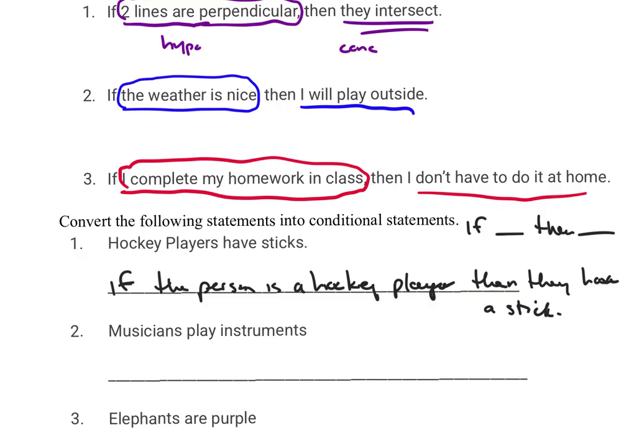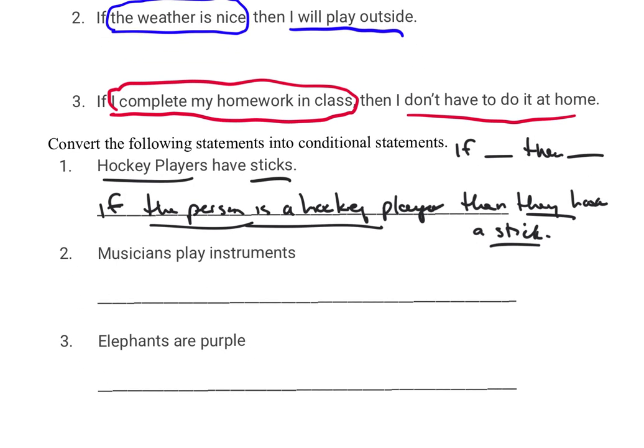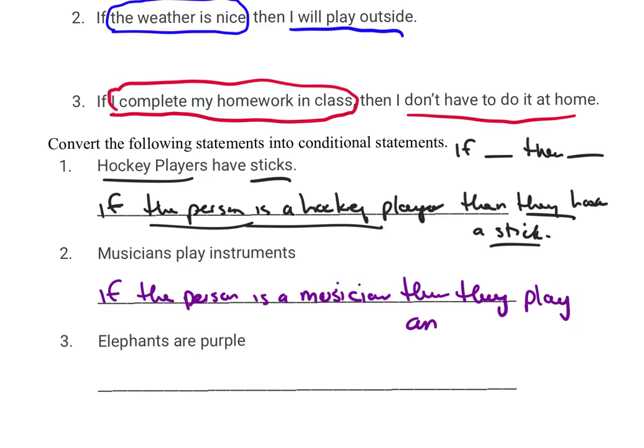The first part is the hypothesis, and then they have a stick is the second part. Number two, musicians play instruments. So if the person is a musician, then they play an instrument.